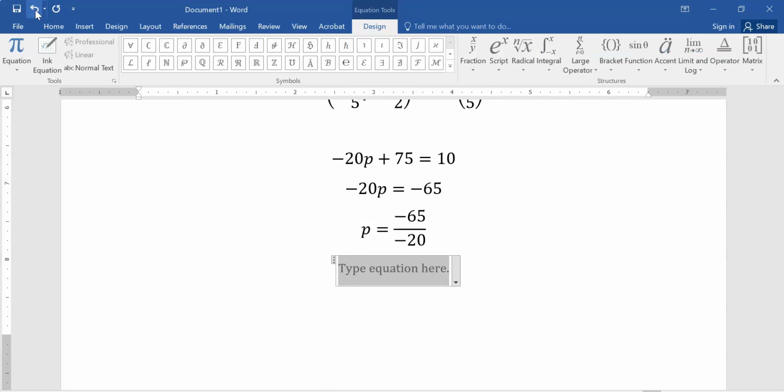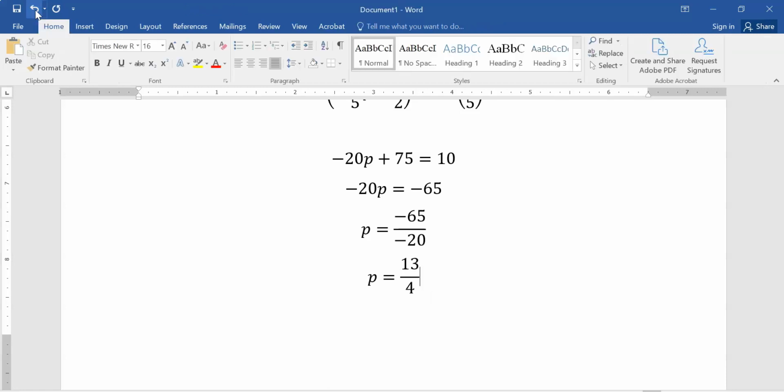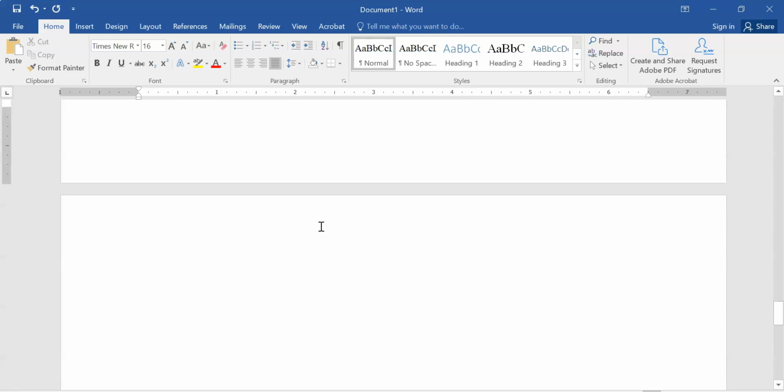And as a reduced fraction, that is 13/4 as an improper fraction. Again, if you want to write 3 1/4, that's okay too. But there you go, 13 over 4. So that's the idea. That's that brute force clearing method.